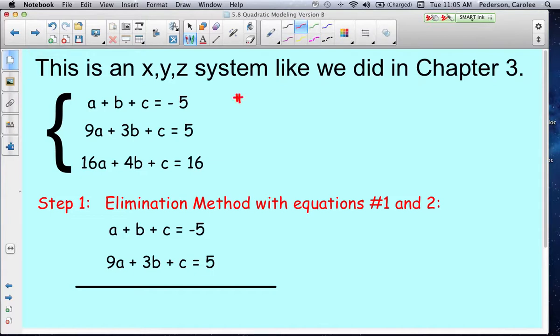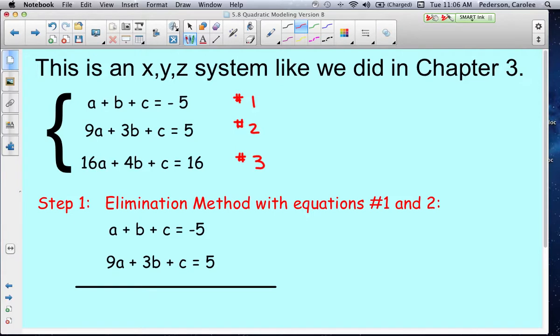I'm just going to call this equation 1, equation 2, and equation 3. These were from my ordered pairs that were given to me. And what I have to do is find out what is the value of A, what is the value of B, and what is the value of C in this system. So I'm going to use elimination method like we did in chapter 3. And we'll take this problem nice and slow. I'll tell you what the steps are for solving for A, B, and C.